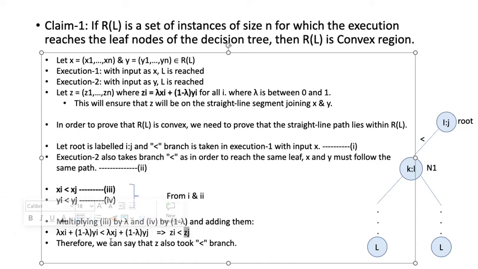So the instance z also took the same path. It also took the less than branch, just like x and y. From this we can say that z will follow the same path as that of x and y and will ultimately reach the leaf node L. So any point on the line segment will reach L. Therefore we can safely say that R of L is a convex region.